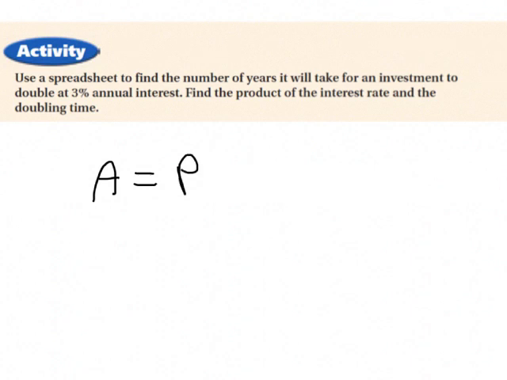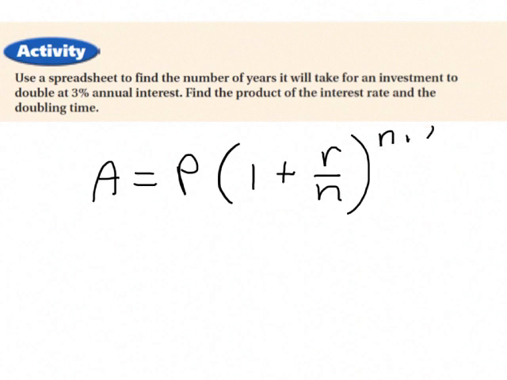Principal is how much you borrow or how much you invest initially, times 1 plus r over n. r is your interest rate that you borrow at or invest at, divided by n. n is the number of times it's compounded each year, and when you compound it, that means you're adding the interest that you've accrued back into your loan, raised to the n times t, where t is time in years.